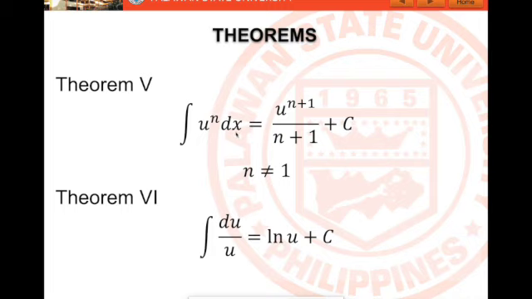So that would be du over u. So that theorem is a totally different one, which is the integral of du over u. If the derivative is in the numerator and the function is in the denominator, the answer would just be equal to ln of the function plus the constant of integration.